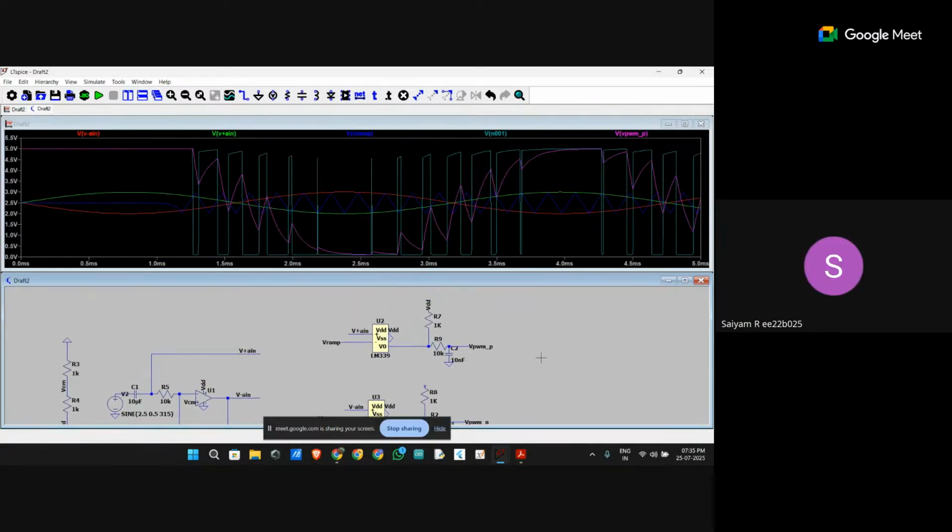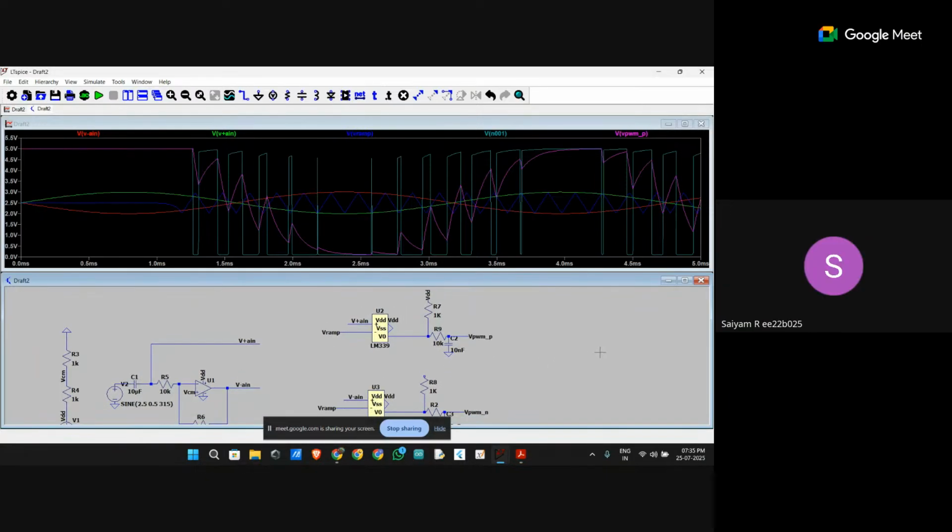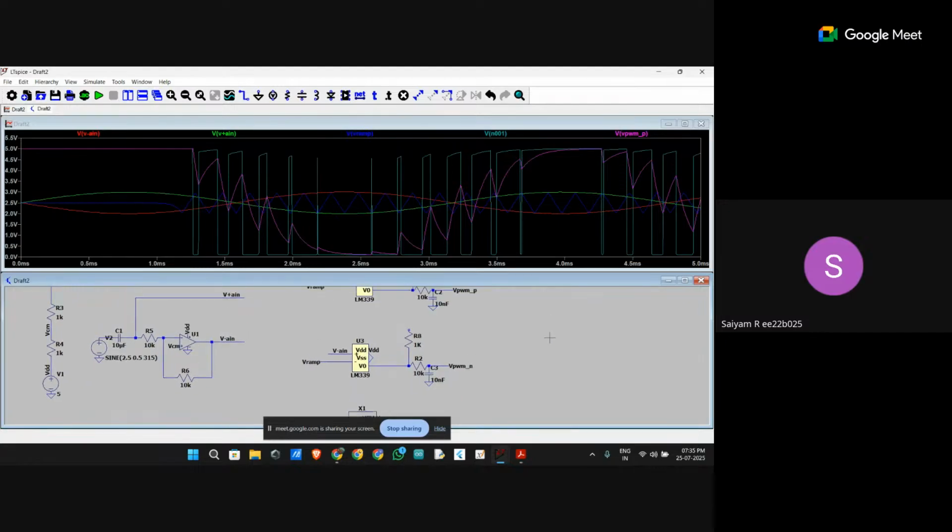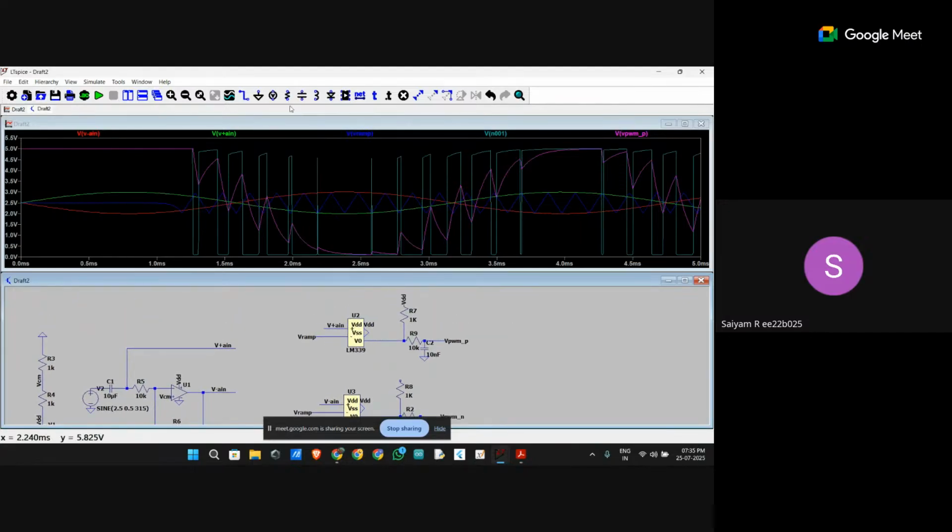Can you try this: in the VPWMP, the top one, can you remove the RC low pass? Just delete that.